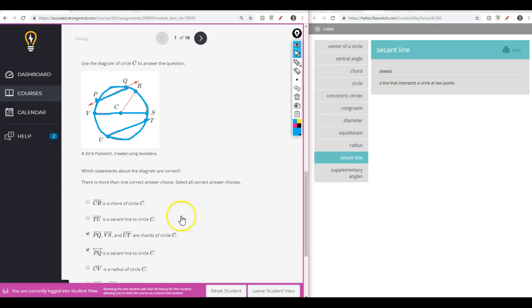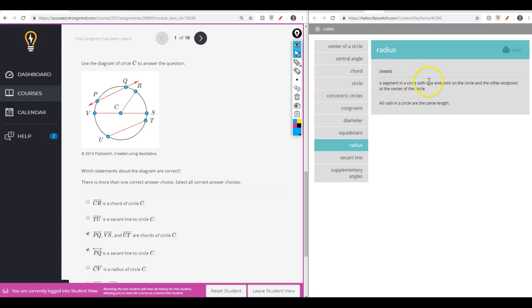So then now we are going to look at segment CV is a radius of the circle C. So then I would go to the radius. A segment in a circle with one endpoint on the circle and the other endpoint in the center of the circle. So the first thing I would do is go to the center of the circle, which is point C, and I would just go to whatever segment is going out from that.